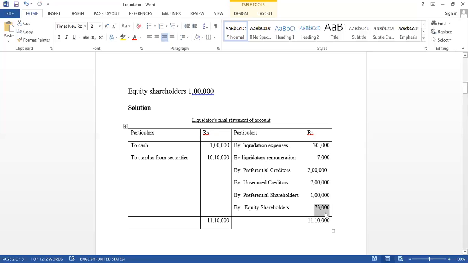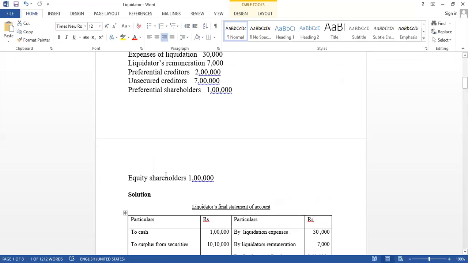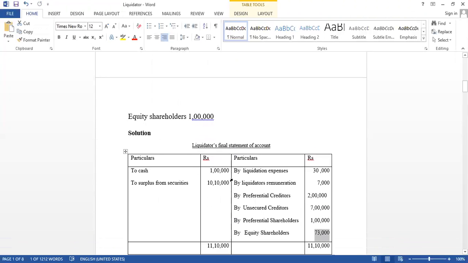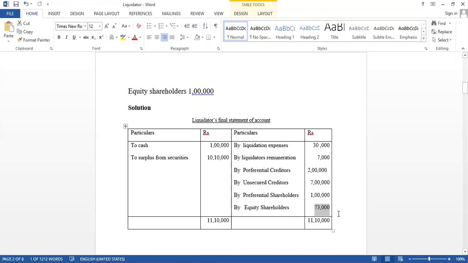So the balance amount is 73,000. Equity shareholders needed 1 lakh, but we have only 73,000, so only 73,000 is received by the equity shareholders. Okay, I think it is the easiest one. Thank you.